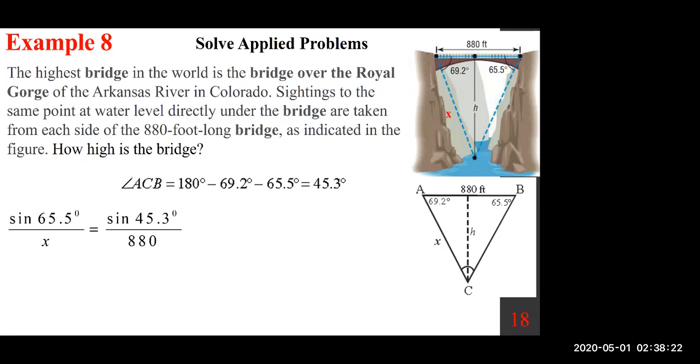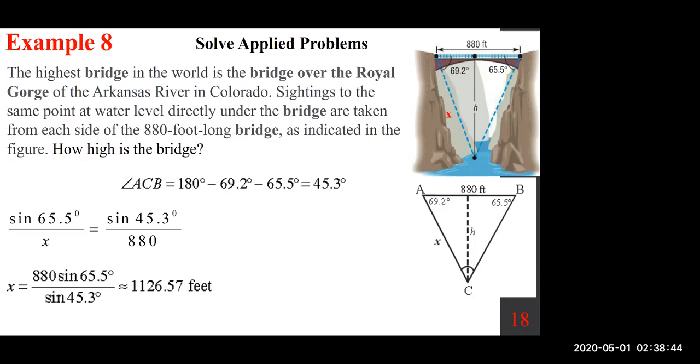So what is x? 880 times sine of 65.5 divided by sine of 45.3 gives us the answer. It's an easy calculation, class. Cross product will do the job. Therefore, we have x.